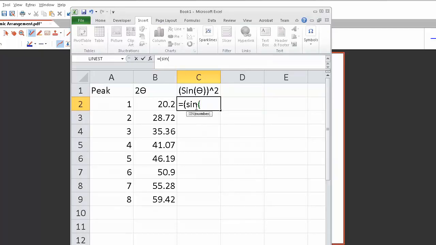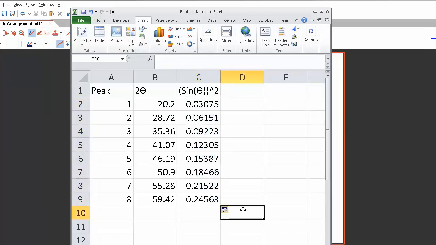We have to be careful here because Excel expects the argument of the sine function to be in radians. So we have to convert to radians. But first, we must take the 2 theta value and divide by 2 to give theta. To convert to radians, we multiply by pi and divide by 180. That gives us sine theta, and now I need to square that value. This gives me a list of sine theta squared values.